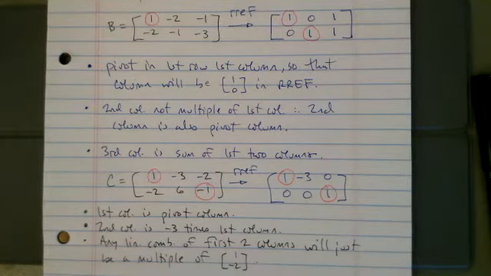So since the third column is not a multiple of 1, -2, it's not a combination of the previous two columns, therefore it must be a pivot column. Any questions?